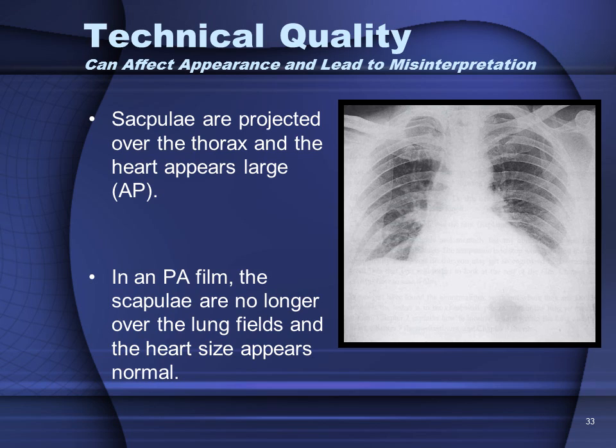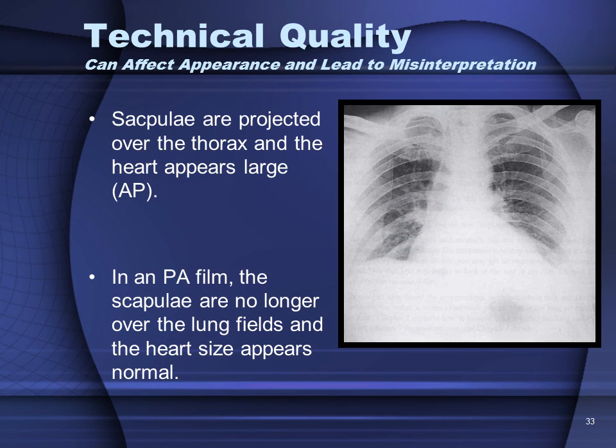We already understand how this may affect the appearance of the cardiac silhouette or the heart shadow in one way. In the AP view, the heart will appear bigger because of its position relative to the emitter or the source of the X-ray beam and the detector or the cassette.